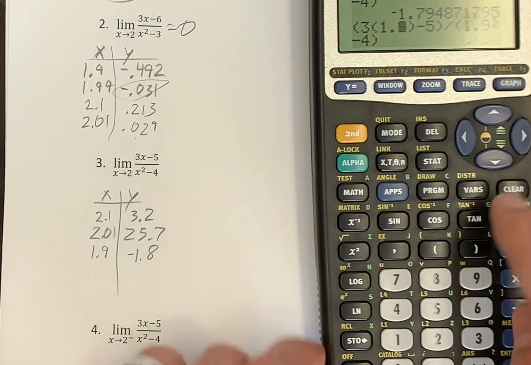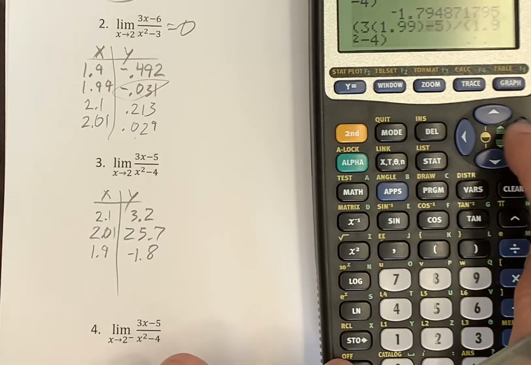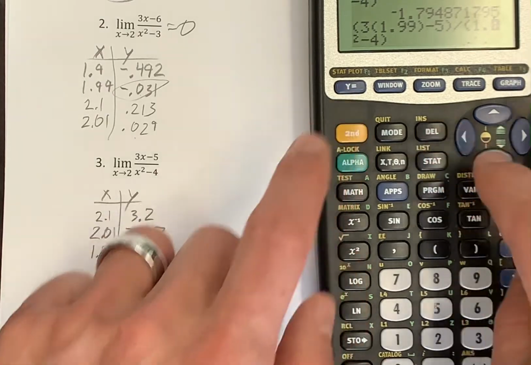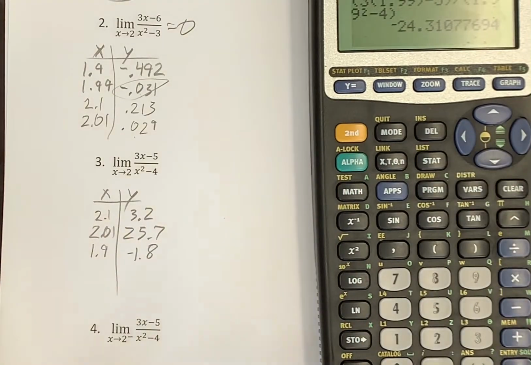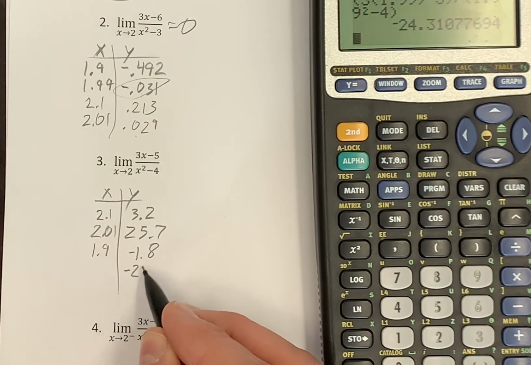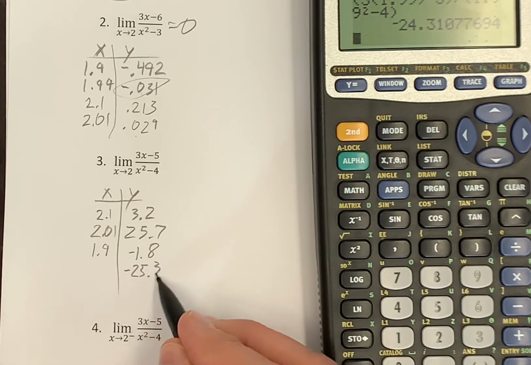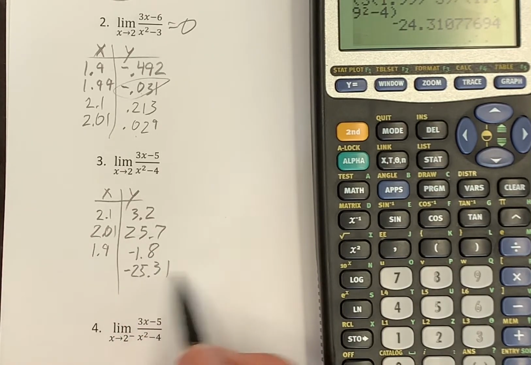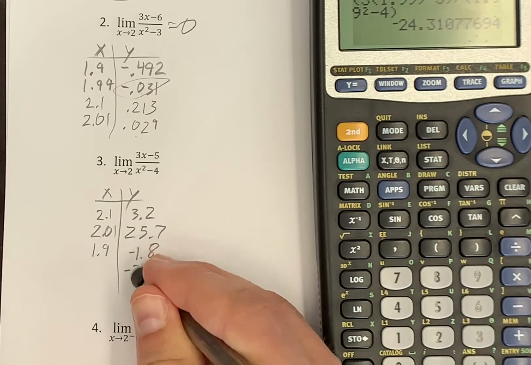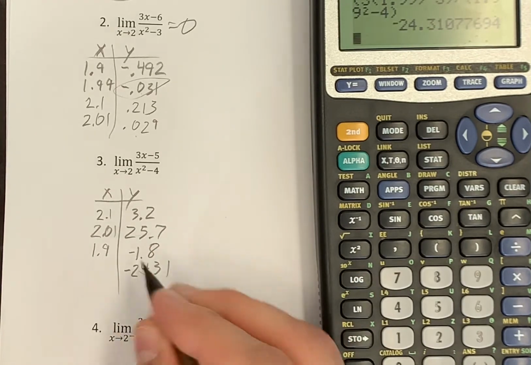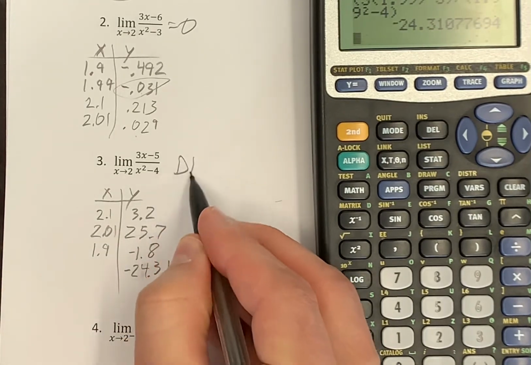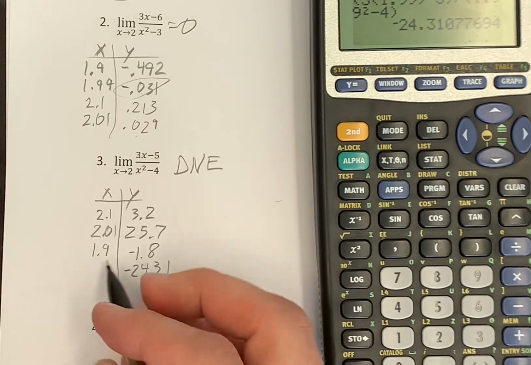Now I'm looking for 1.99, right? Negative 24. So what I would say here is, wow, this is going off to 25. This is going to negative 24. That is not getting close to anything. And so I would say the limit does not exist.